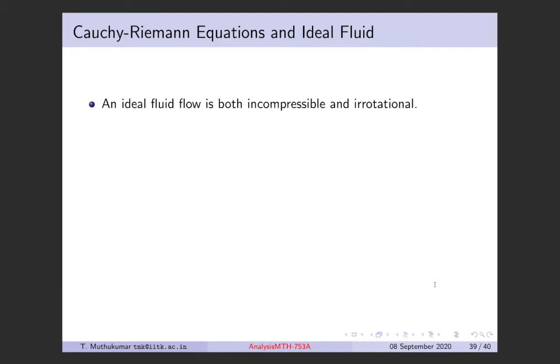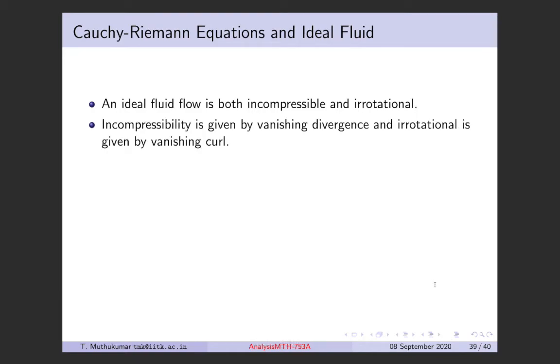Mathematically, what incompressibility means is that the divergence of the velocity of the fluid vanishes. That's what incompressibility means. And irrotational means that the curl vanishes. So vanishing divergence implies incompressibility, and irrotational means that the curl of the velocity vector vanishes.